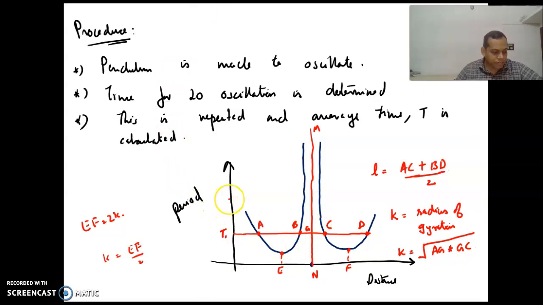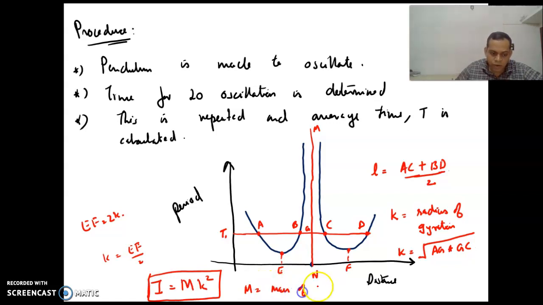When we get the radius of gyration, we will be able to calculate the moment of inertia. If m is the mass of the pendulum and k is the radius of gyration, then the moment of inertia I will be m k square.